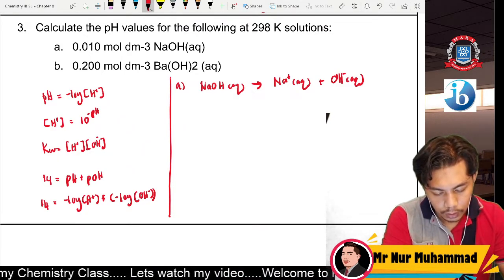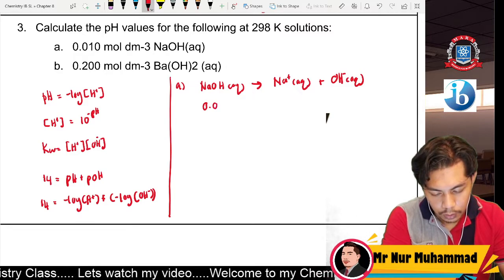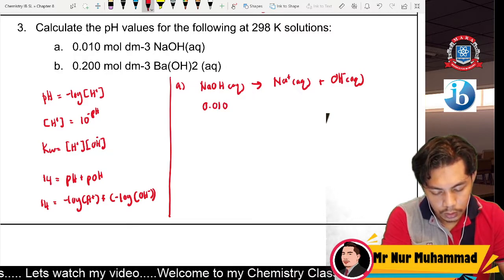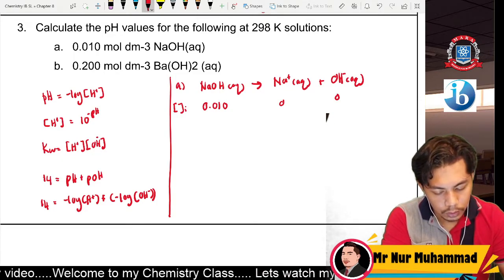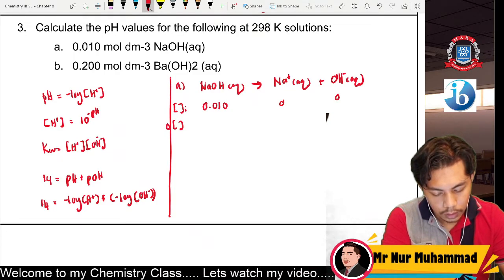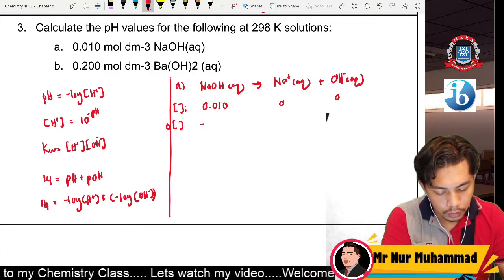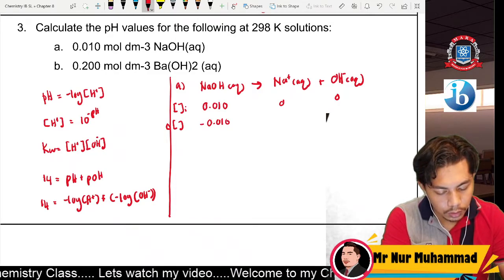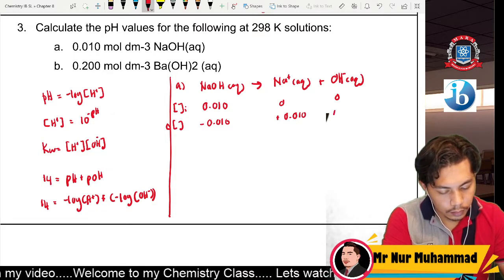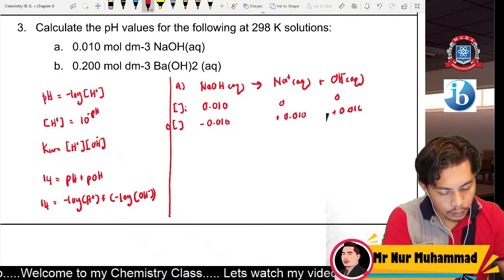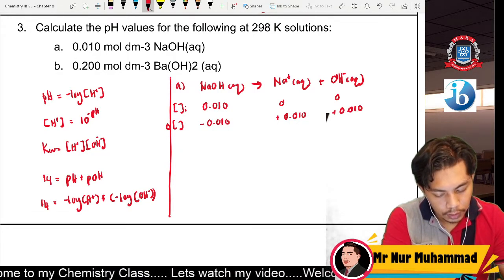So the concentration is 0.010. This is initial, 0, 0. The change in concentration is minus 0.010, and the product will produce the same concentration as the reactant.